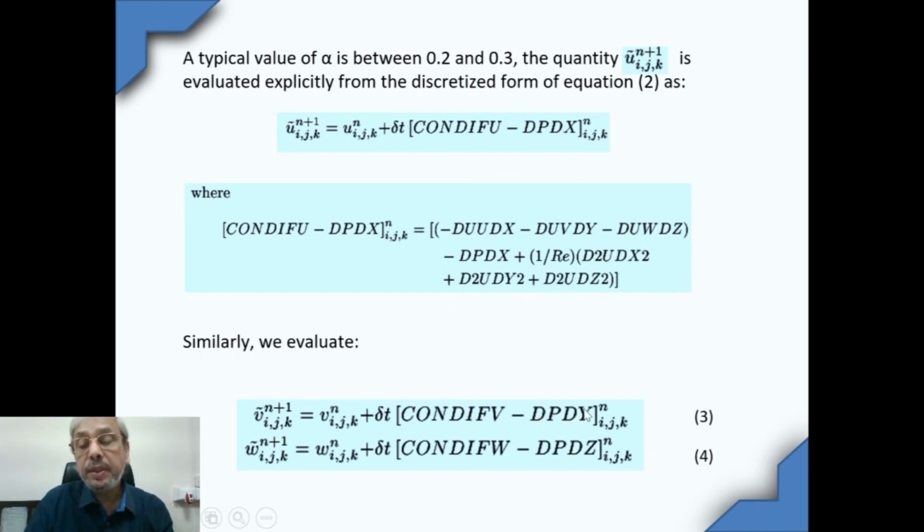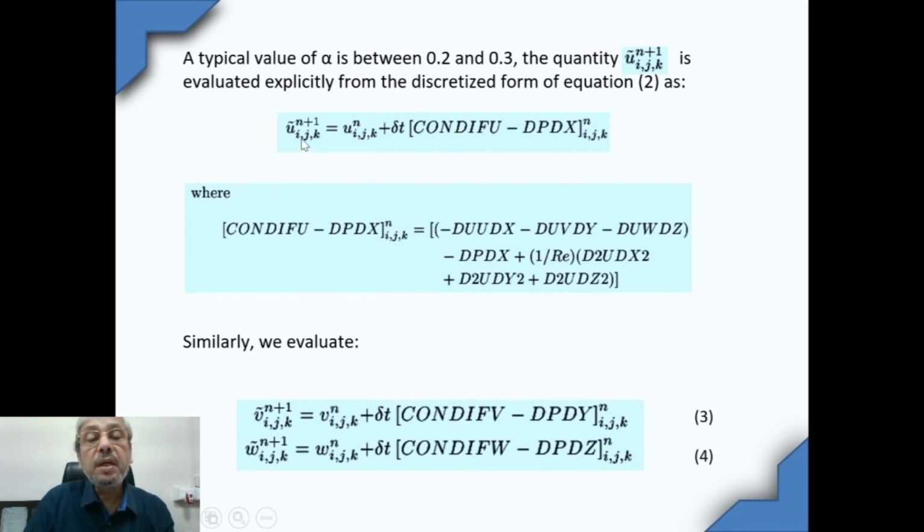In the w momentum equation or z momentum equation, it will be condiff w minus dp dz. We will get provisionally advanced u, v and w at every point, and this is the discretized form.